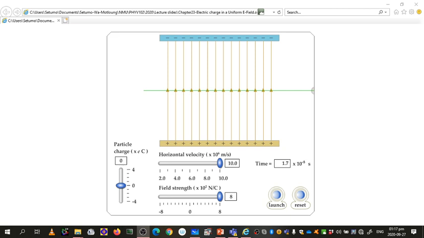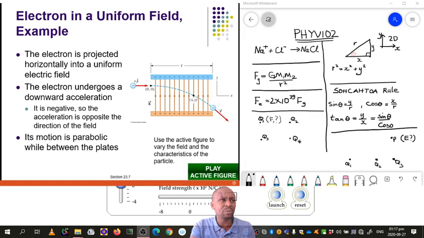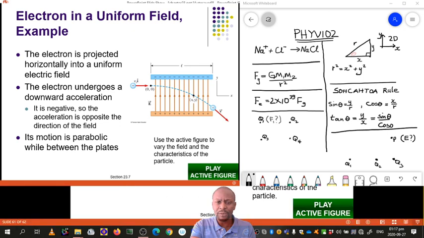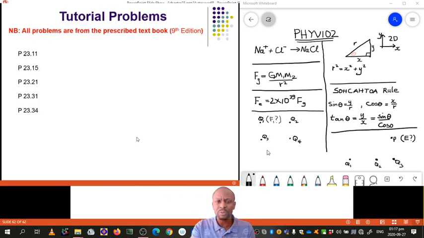But before I actually stop the lecture, I just wanted to show you the very last slide of our lecture, where you are given the tutorial problems that you need to do. Please, this is only in the 9th edition, those 5 tutorial problems, and we will discuss them during our tutorial session on Tuesday.